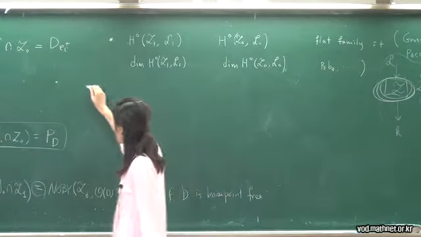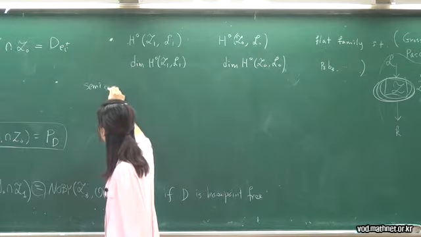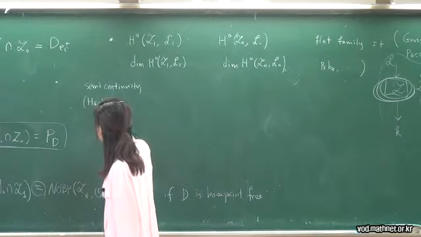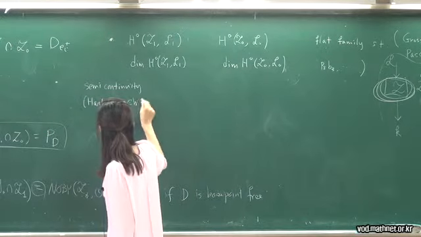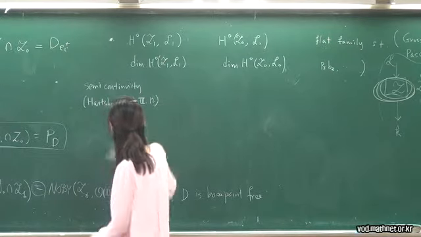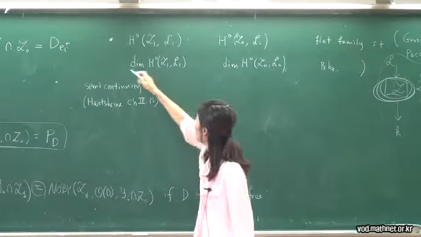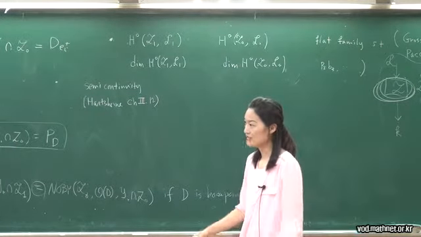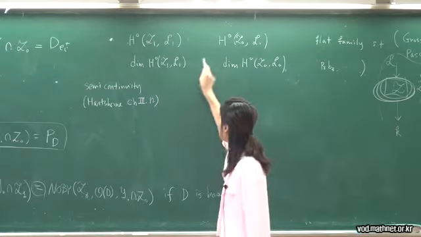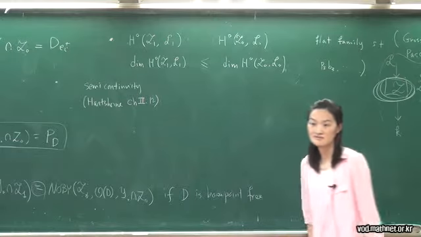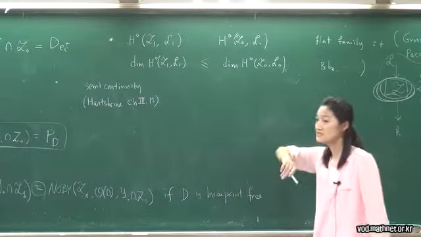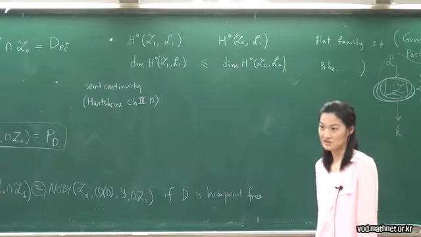From a very general fact, called the semicontinuity theorem, which you can find in Hartshorne chapter 3, section 12, in a general situation with a flat family, the dimension for the generic fiber is at most the dimension for the special fiber.